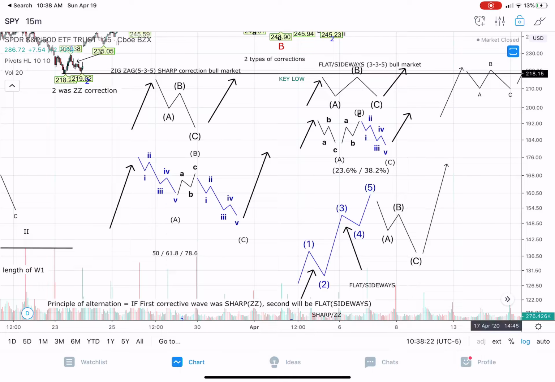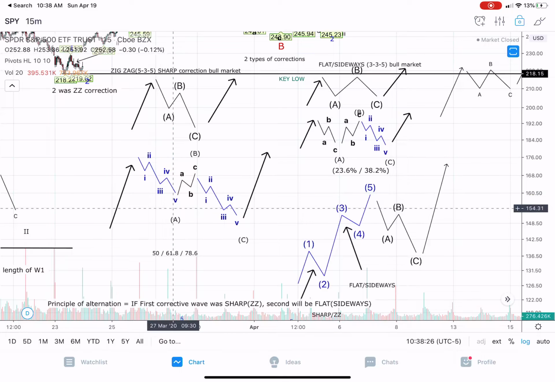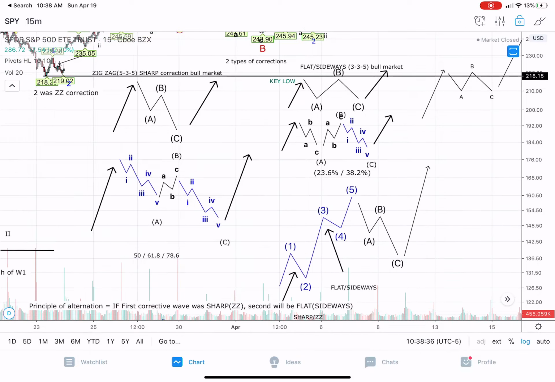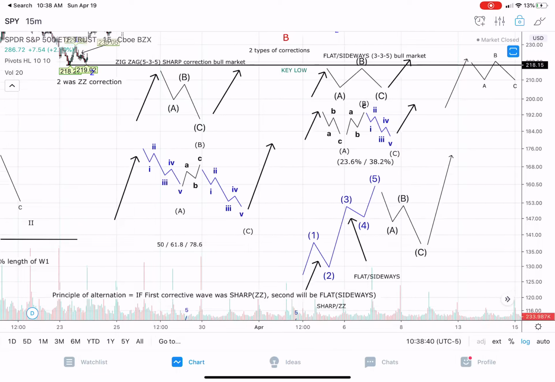So your wave A breaks down into 1, 2, 3, 4, 5. You get your 3 up for B, and then you get your 5 down for C. That's why I always refer to it as a 5-3-5 for a zigzag.